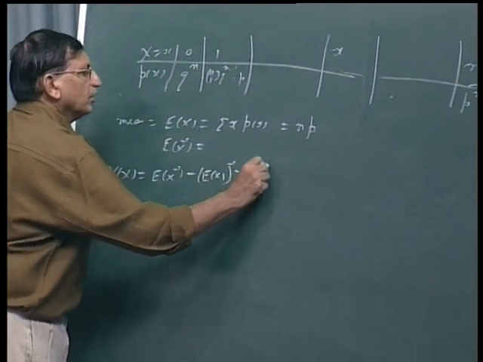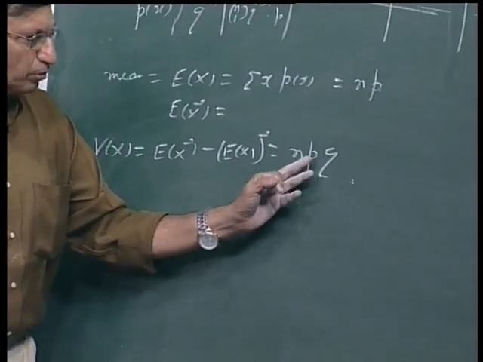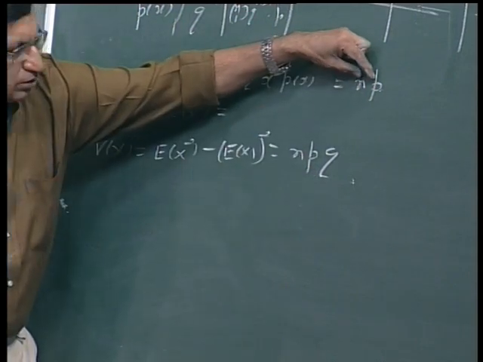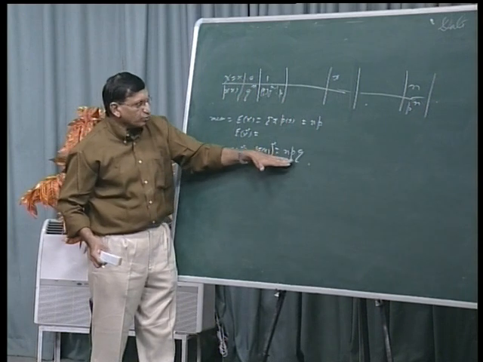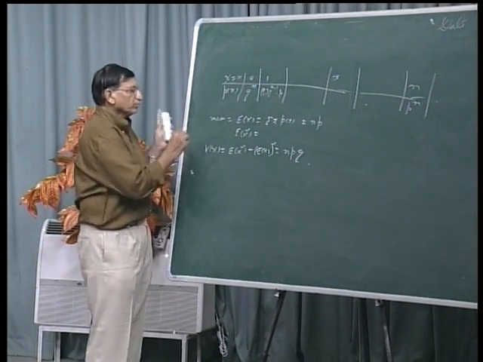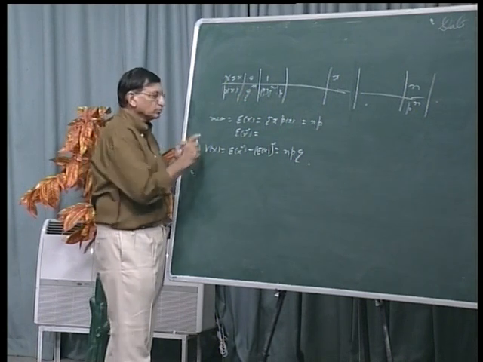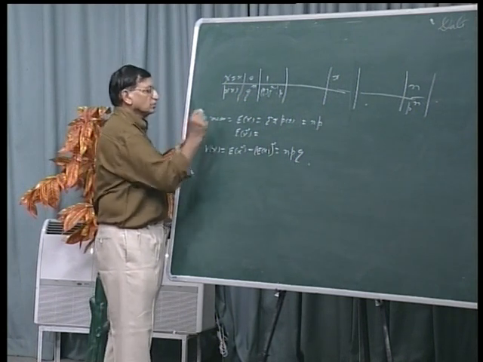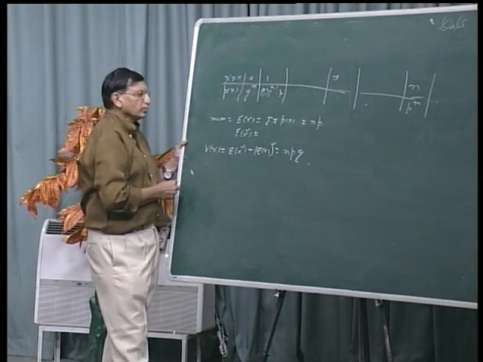If you find this value, it will be npq. Remember that q is less than 1, so multiplying np by a quantity less than 1 makes it smaller. So npq will be smaller than np, so mean will always be greater than variance. Remember that for binomial distribution, mean is always greater than variance. This way we can find other moments also.